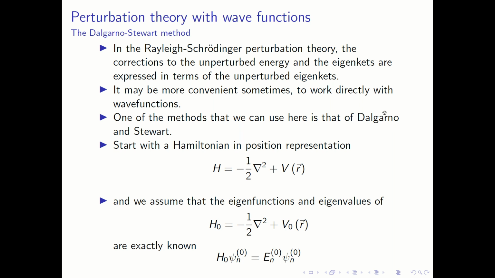So we are assuming that H0 psi n0 equals En0 psi n0 is exactly solved. The n in the suffix stands for the nth level, and the upper 0 in the bracket is for 0th order perturbation theory. These are just the eigenvalues and eigenfunctions for the operator H0.